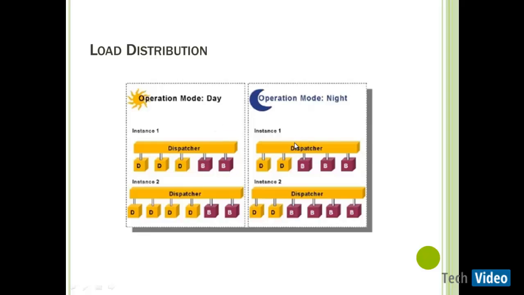Using the operation mode, in the night time we change to 2 dialog work processes and 3 background work processes. Likewise, instance 2 had 4 dialog work processes and 2 background work processes in the day, and at night it will have 2 dialog work processes and 4 background work processes. Like this we can switch and use the resources for the actual activity required for the specific time. This is one example, day and night.